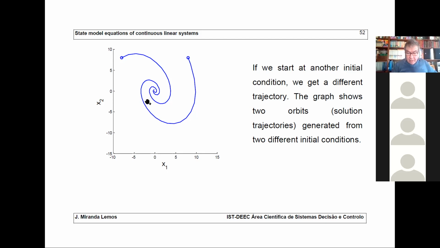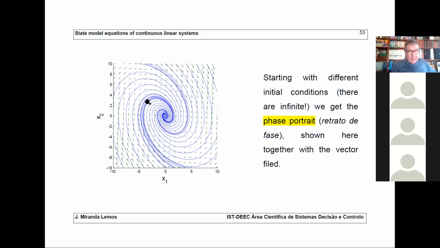Now, here I plotted not an infinite number, I don't know, 20 or something like that. And you can see that they are tangent to the vector field. So when you have all these trajectories, you have the phase portrait.